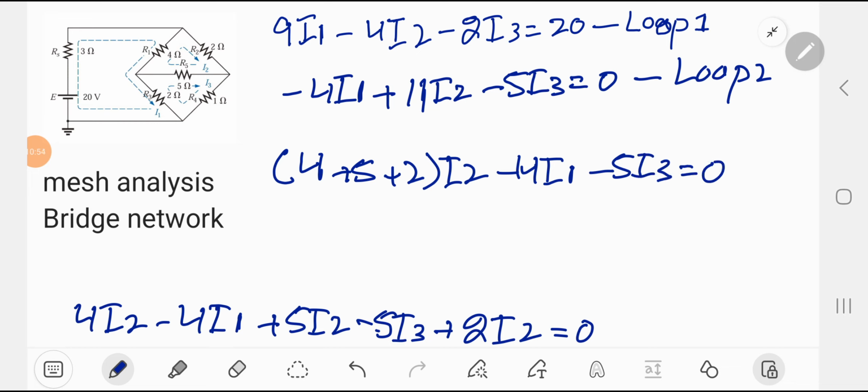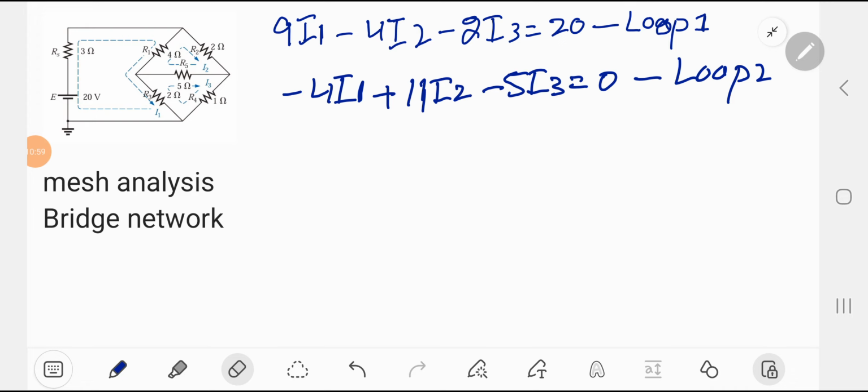So the final equation for loop 2 is this one.